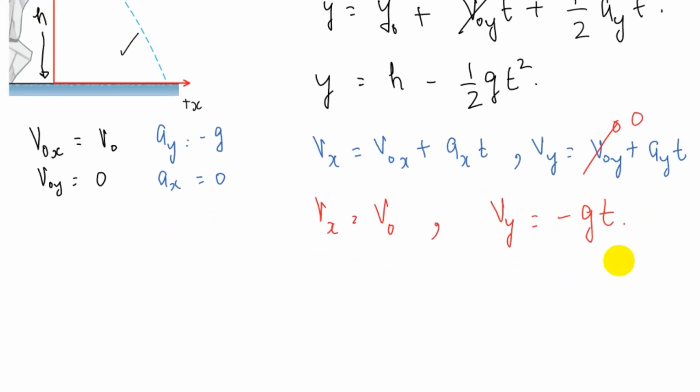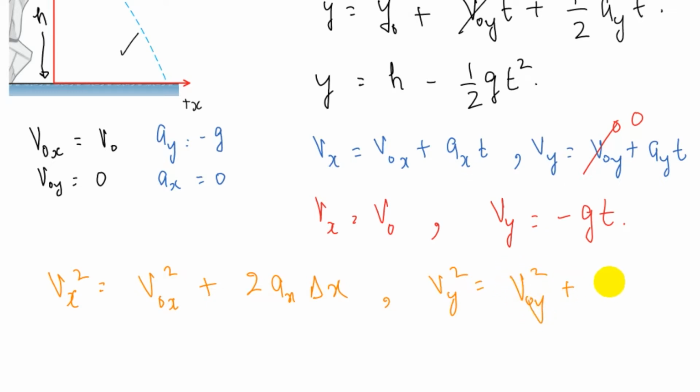Now one more fundamental equation we have, which is vx squared equals v0x squared plus 2 times ax times delta x, and in the y direction we have vy squared equals v0y squared plus 2 times ay times delta y. Now let's substitute the values.